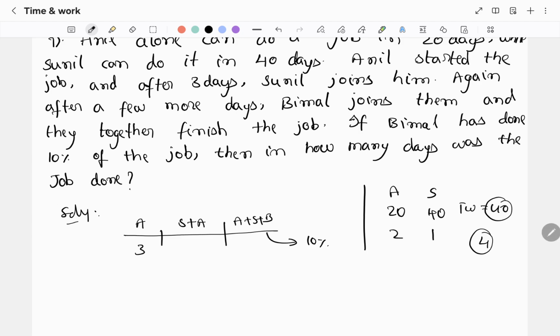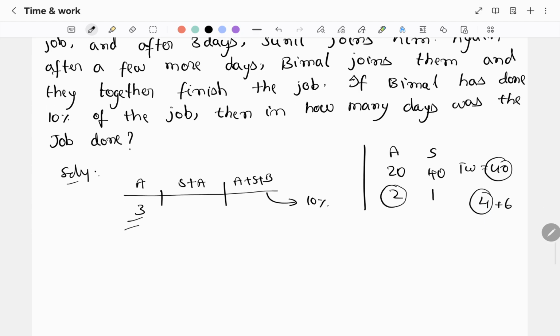Then A initially worked 3 days. What is the efficiency of A? Anil, 2 parts. So 3 into 2, 6. Now 4 plus 6, 10 parts done by Anil and Bimal. Remove that: 40 minus 10, 30. This 30 parts, who has to do? Anil and Sunil have to do. Their efficiency completely is 3.